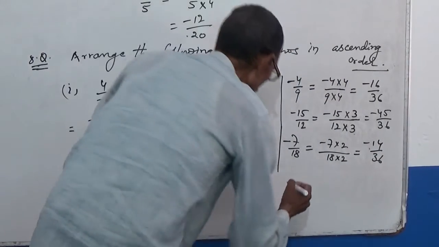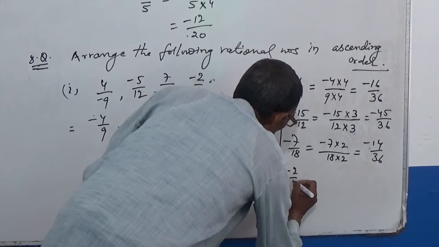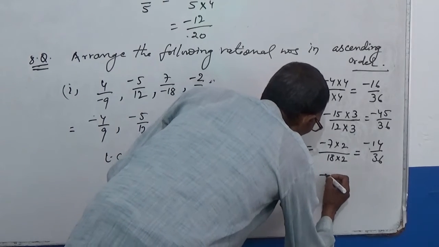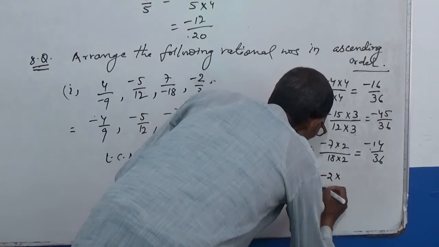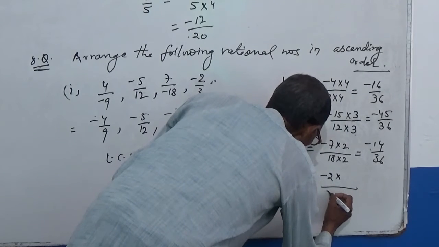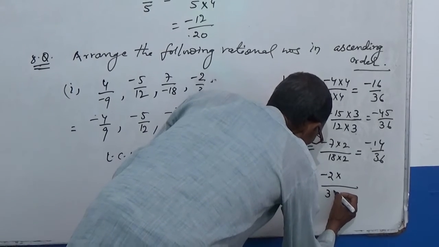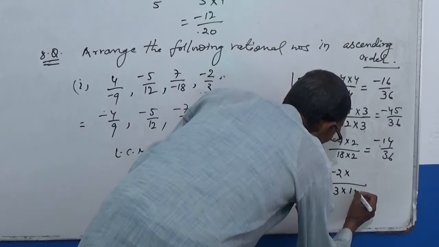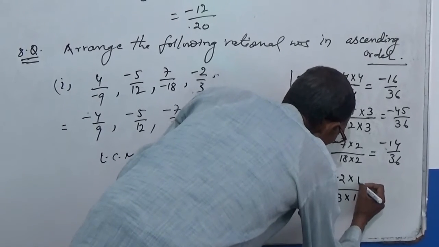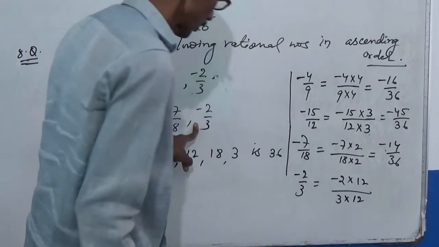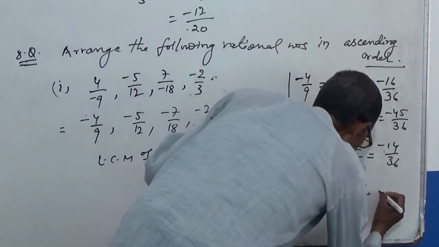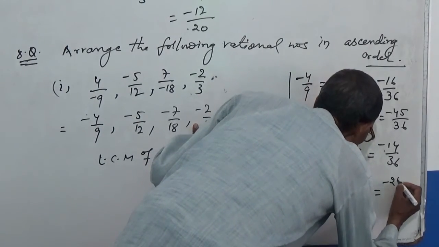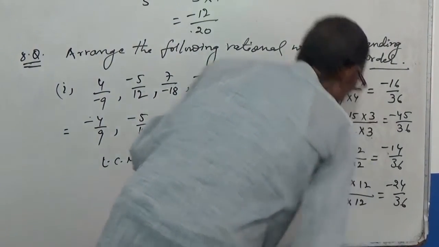And minus 2 by 3 is equal to minus 2 into 12 by 3 into 12, minus 24 by 36.